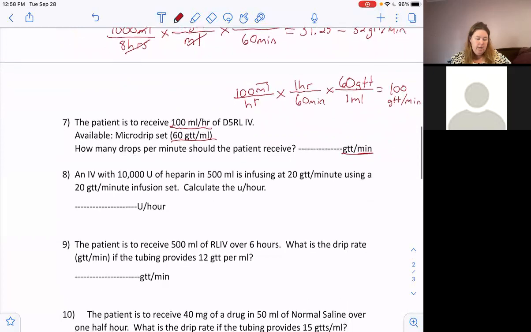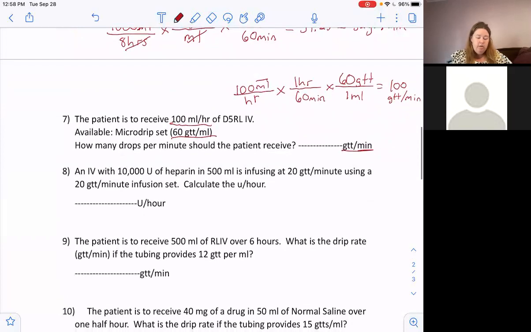Okay. An IV with 10,000 units of heparin in 500 milliliters is infusing at 20 drops per minute using a 20 drop per minute infusion set. Calculate the units per hour. So we're going to start with our order, which is 10,000 units of heparin in a 500 milliliter solution.